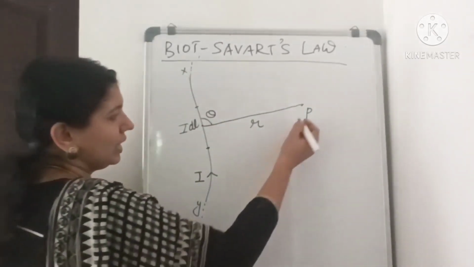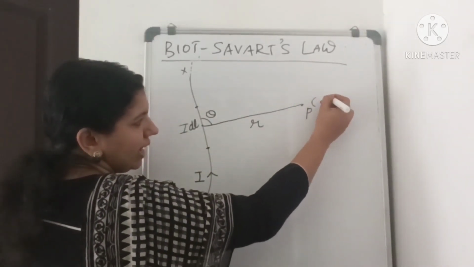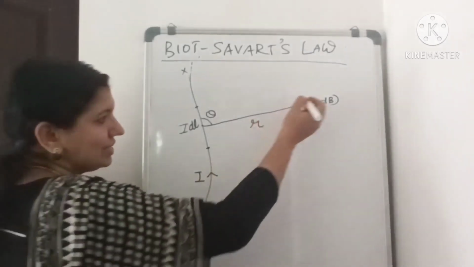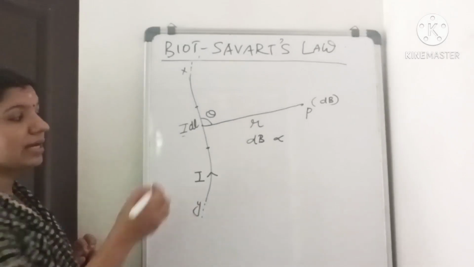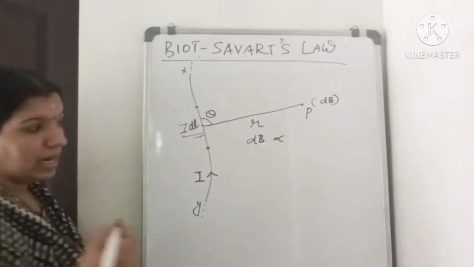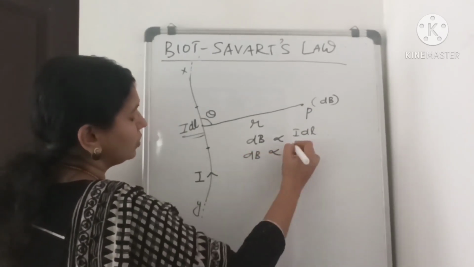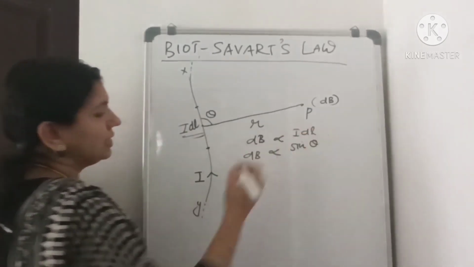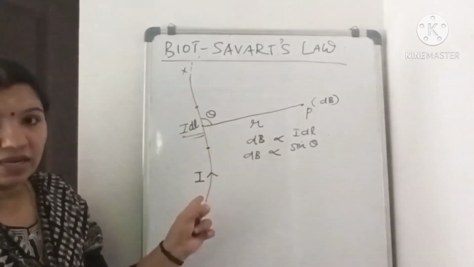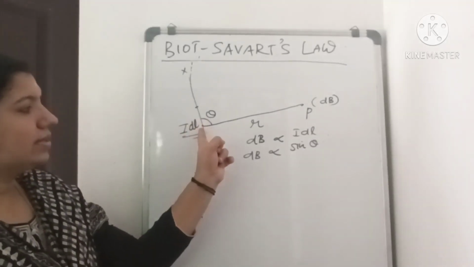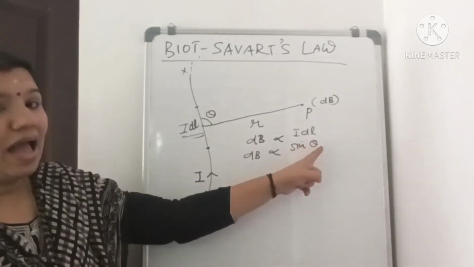Now, according to Biot-Savart's law, the magnetic field at a point near a current carrying wire, due to a small element dl, can be taken as dB. This dB is first proportional to the current element I dl, and secondly proportional to the sine of the angle theta.